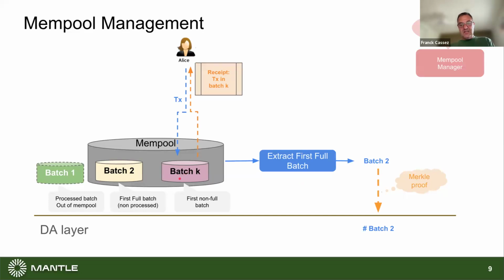And the batch, when we extract a batch, it's a list of transactions, right? A sequence of transactions. We can also provide a proof, well, not a proof, but a recording of a sequence of transactions as a Merkle hash root of the list of transactions, and publish it as well to a data availability layer.